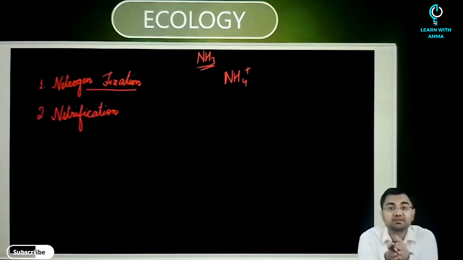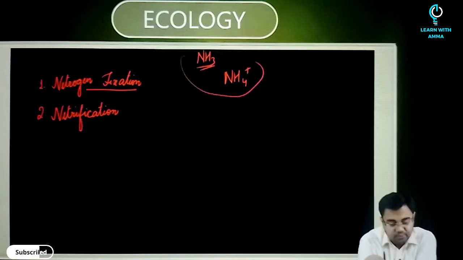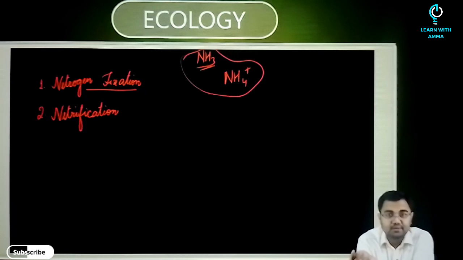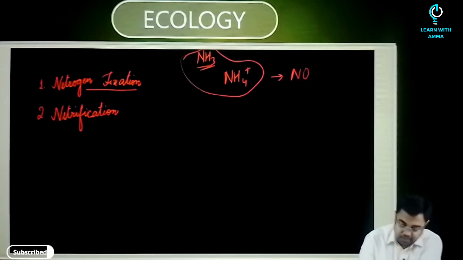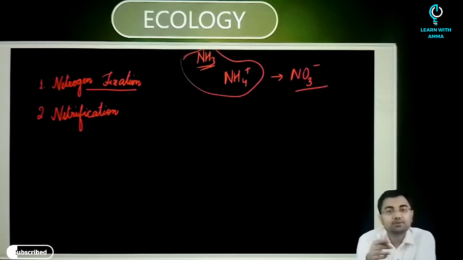What is nitrification? In nitrification, some specialized soil bacteria convert most of the ammonia and the ammonium ions into nitrates, which are easily taken up by the roots of the plants.